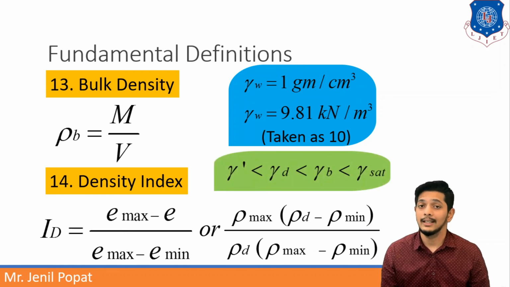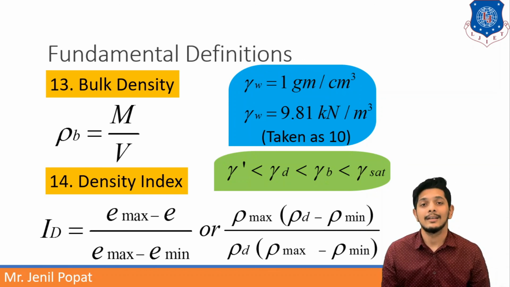Now let us understand last part of this video, that is hierarchy of unit weights. Now if we arrange unit weights in one hierarchy or one order, we can say that lowest unit weight of these all will be of submerged unit weight. And gamma D, that is more than submerged.